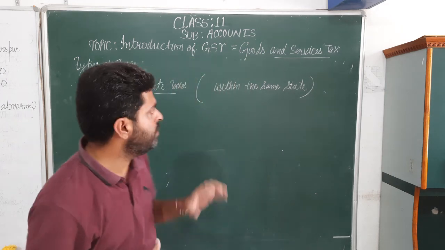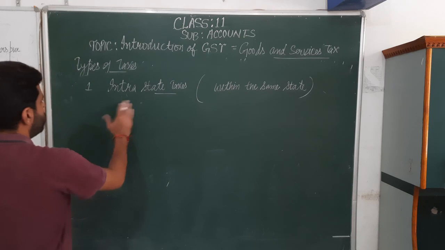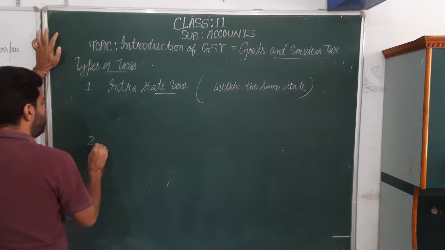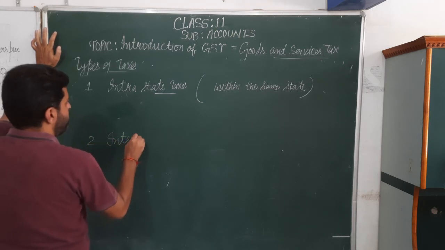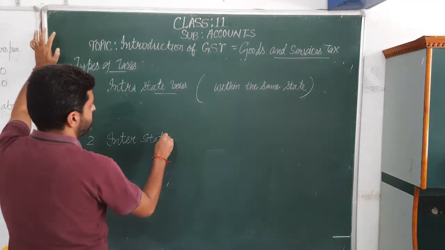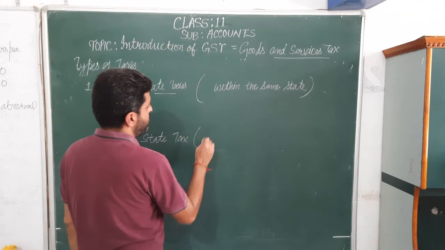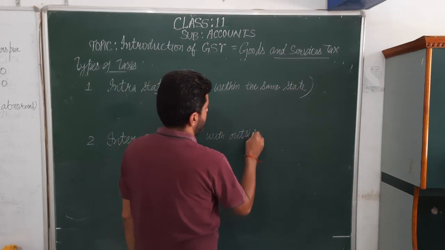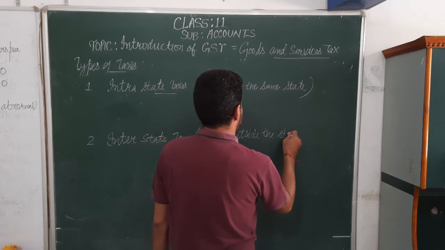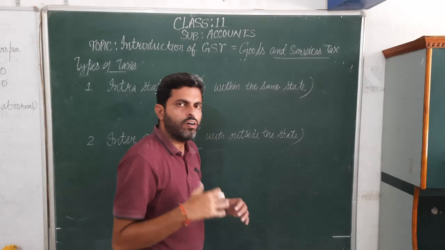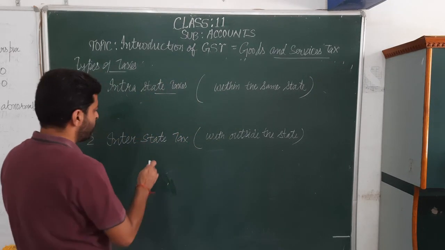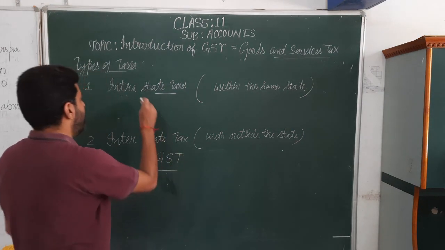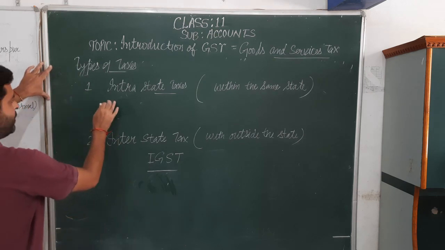This is an intrastate tax. And the second type is interstate tax, when goods are sold outside the state. In this type, IGST, integrated tax, is charged. And intrastate allows two taxes.